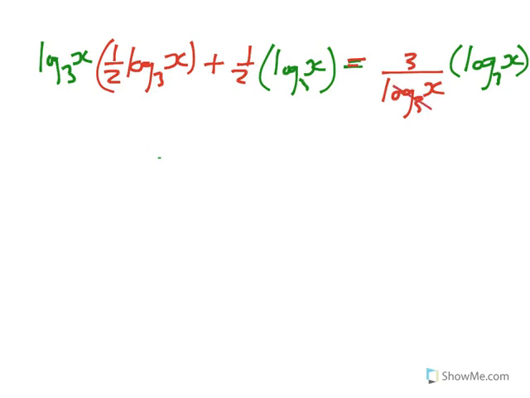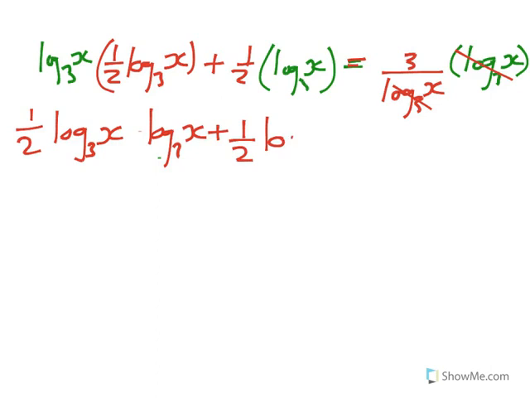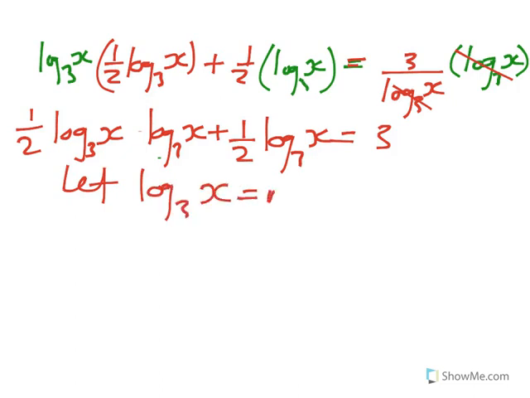Then when you do that, this cancels. Now here you'll be having 1 over 2 log base 3 of x dot log base 3 of x plus 1 over 2 log base 3 of x is equal to 3. And then you say let log base 3 of x be equal to m.